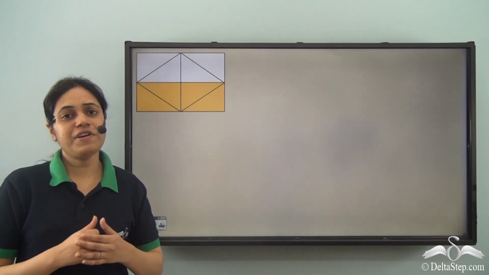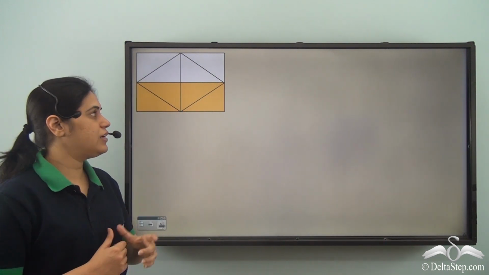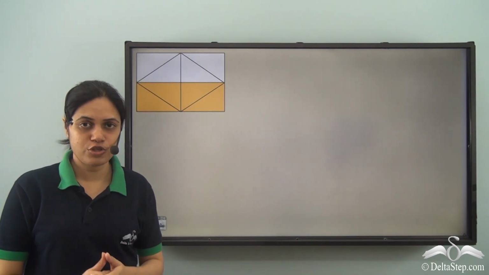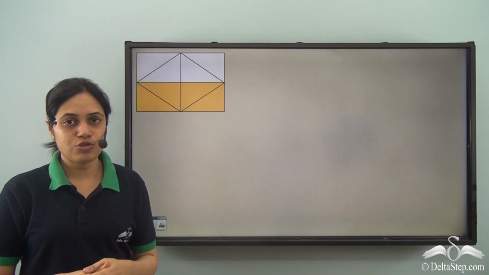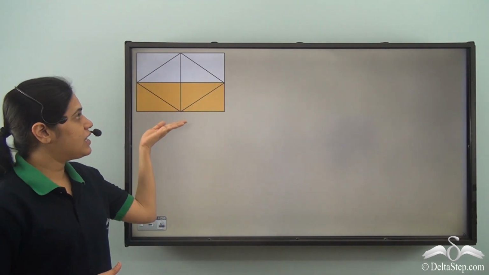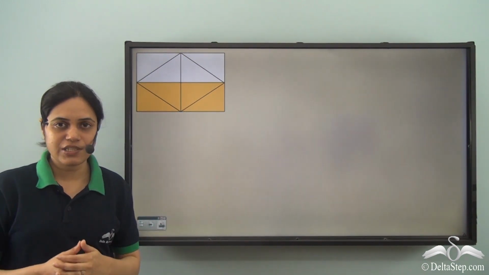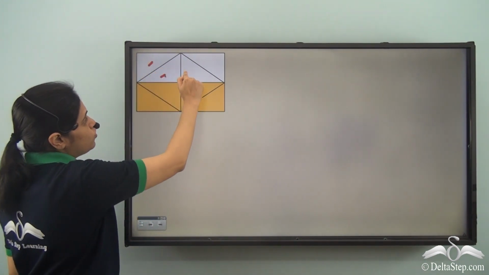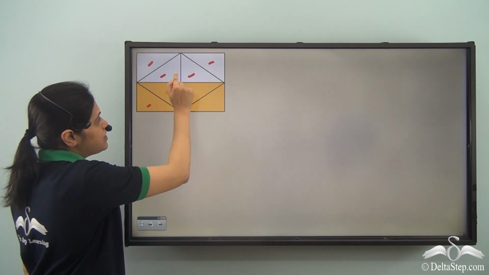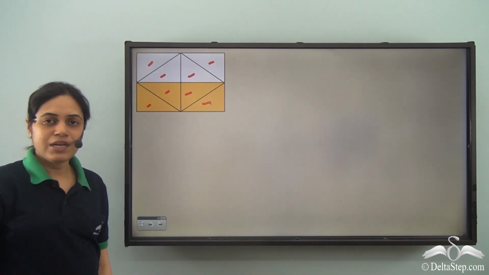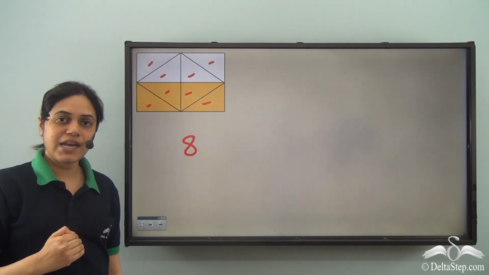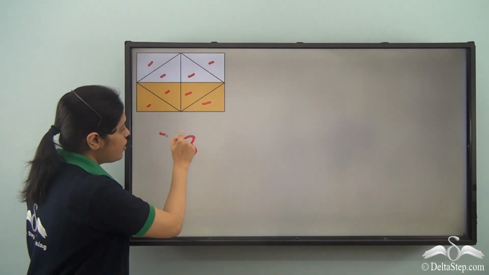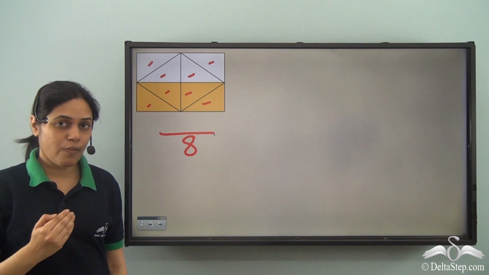Now if I ask you to represent this yellow colored portion using a fraction, how would you do it? First you need to see how many equal parts this rectangle is divided into. 1, 2, 3, 4, 5, 6, 7, 8. It is divided into 8 equal parts. So I write 8 at the bottom, as the denominator.